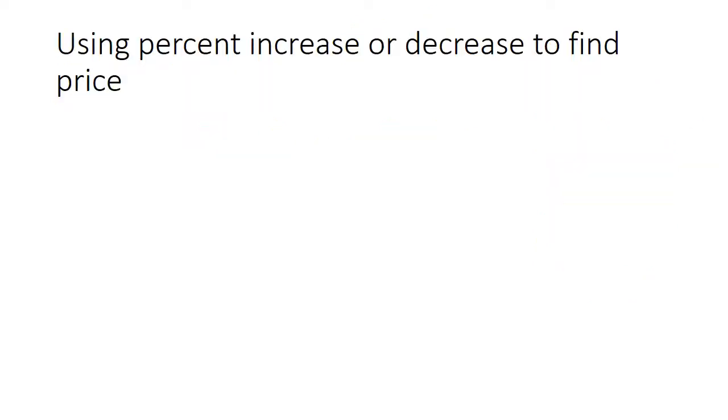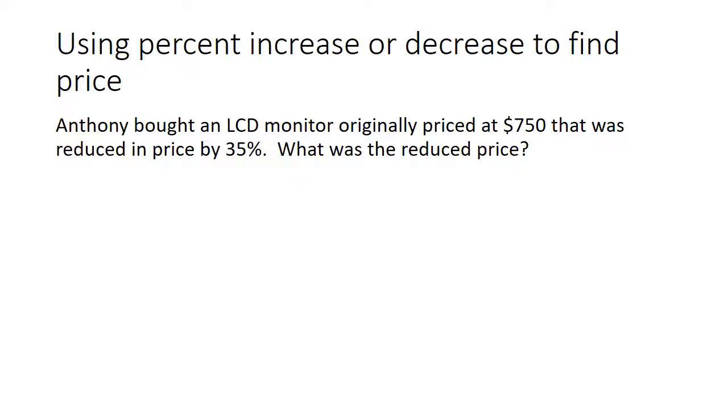So we are going to use percent increase or decrease to find a price. Anthony bought an LCD monitor originally priced at $750. That was reduced by 35%. What was the reduced price? First we're going to find the percentage of the original price. So what is 35% of 750?